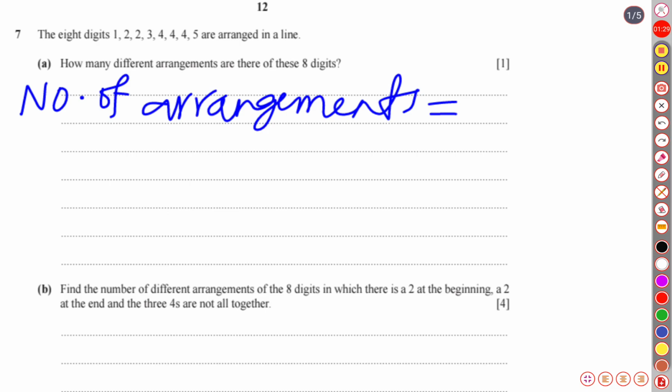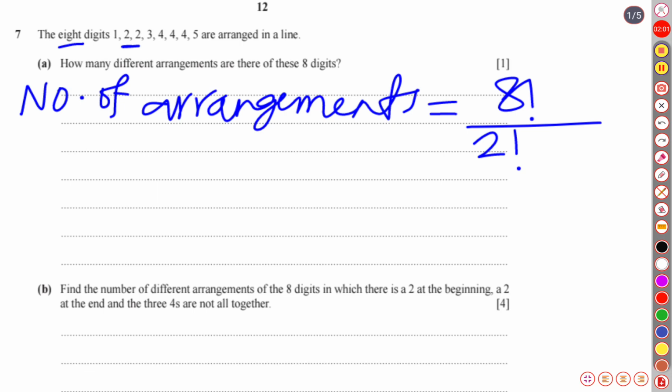So there are a total of 8 digits. That means there will be 8 factorial, and along with that we know that if there is something identical, in case of arrangements we just divide the total arrangements by the factorial of the identical items. So here two 2s are identical, so we will divide by 2 factorial.